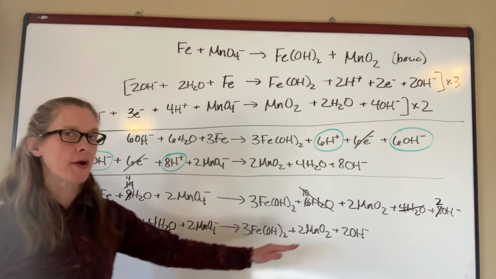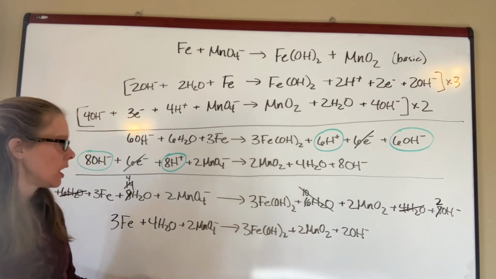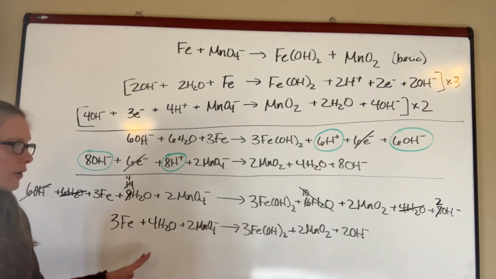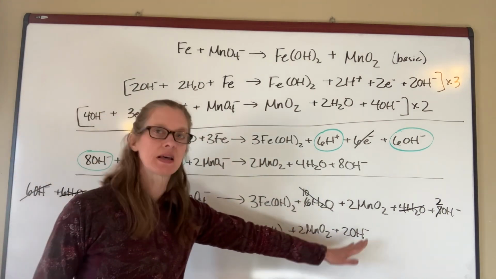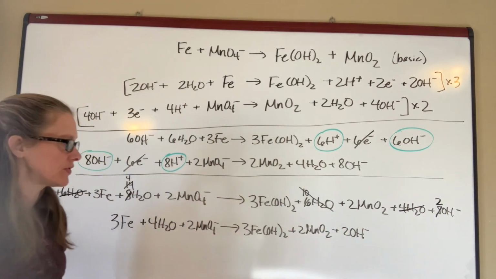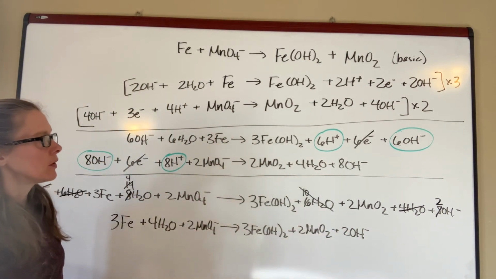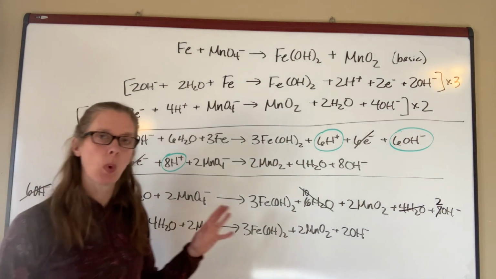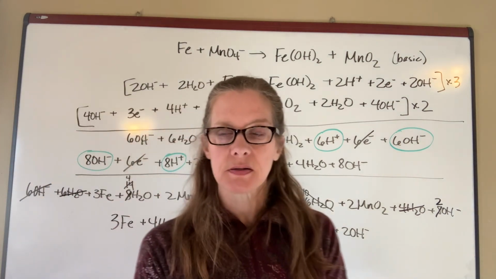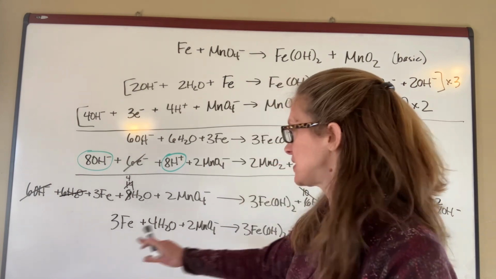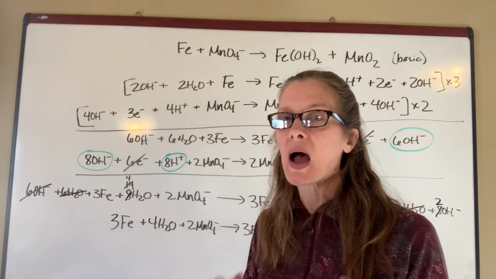You don't want waters on both sides of the equation. You need to make sure that you only have water on one side, that you only have hydroxides on one side to keep everything canceled out. Okay, so you have to really watch your arithmetic and watch your canceling to make sure you get everything canceled and you get this down as simplified as you possibly can.